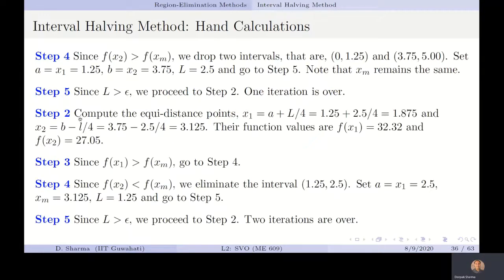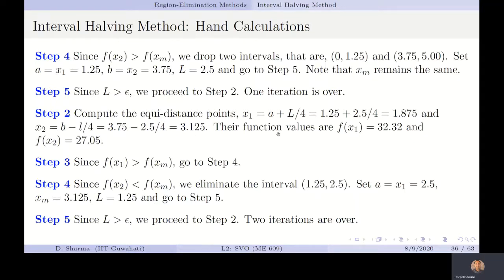Thereafter, in step 2, you remember that we have to again find the equidistant points x1 with the updated value of a and L. That gives me 1.875, and x2 will become b minus L by 4. Just make a note that this small L should be capital L. That gives me 3.125.